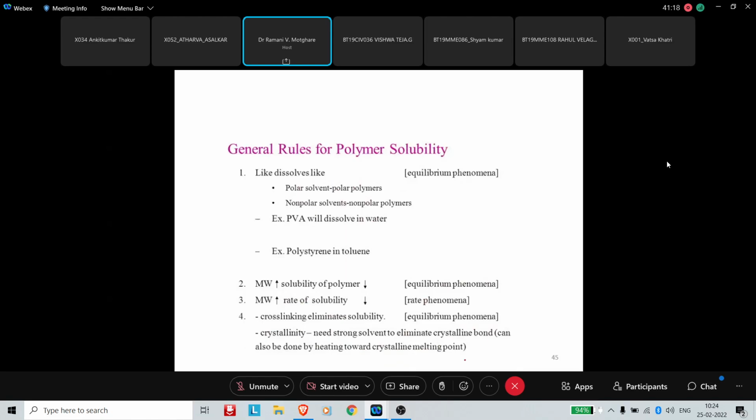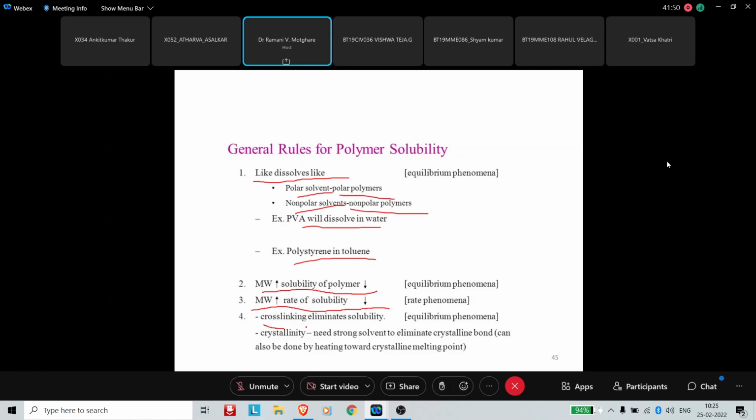Then the general rules of polymer solubility. Like dissolves like. A polar solvent will dissolve a polar polymer, and a non-polar solvent will dissolve a non-polar polymer. PVA will dissolve in water and polystyrene in toluene. As the molecular weight increases, the solubility of the polymer decreases, and the rate of solubility also decreases.